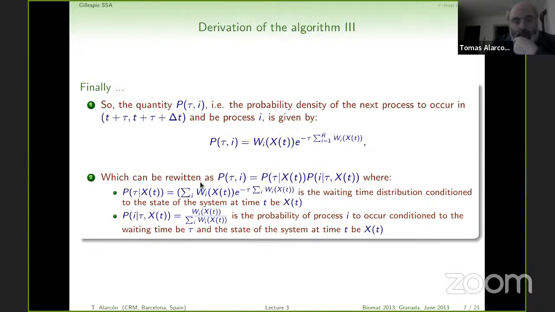To see this, it's very easy. You just have to multiply and divide this expression by this term here.